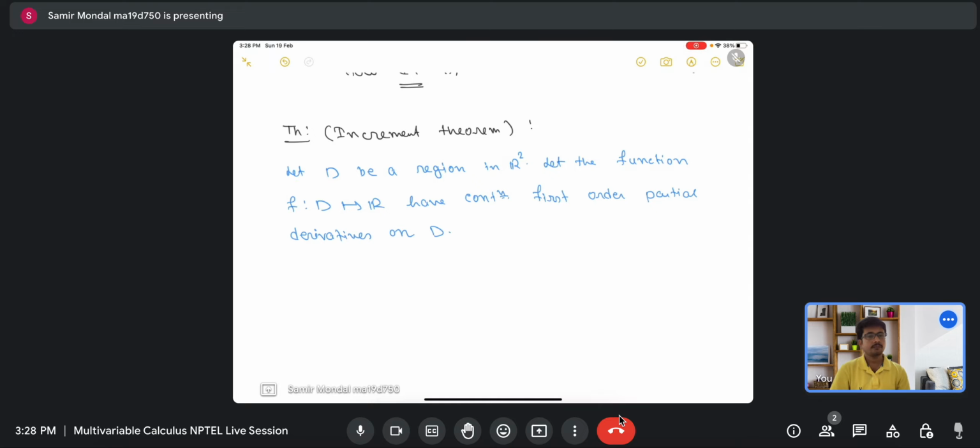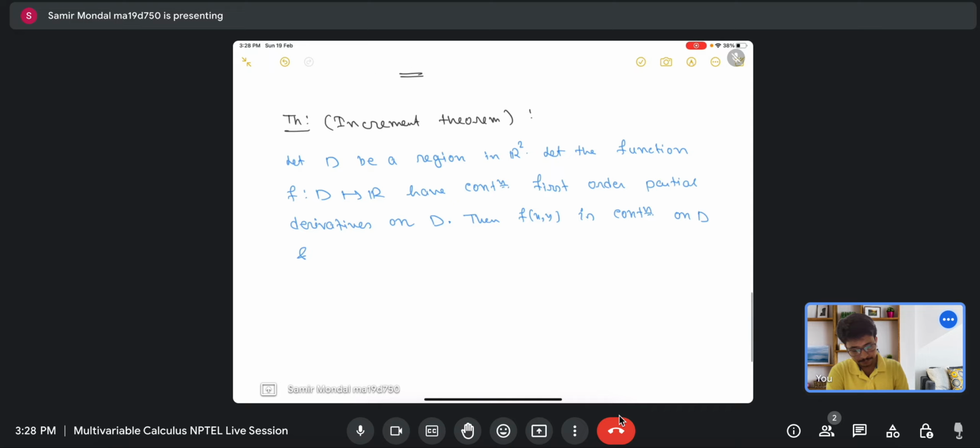Both partial derivatives are continuous. This is the assumption on the function f. This guarantees that f of x, y is continuous on D, and our total increment is written in an interesting form.